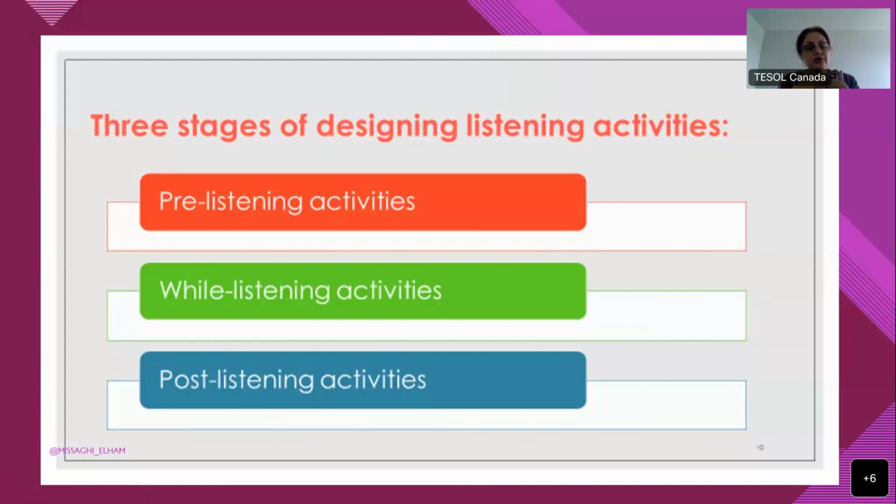So it's not only testing your students, but also reflecting on your teaching: how well I did my job, how well my students learned the lesson. So we call it post-listening, or getting feedback. Is that clear? Are these three stages clear for you?